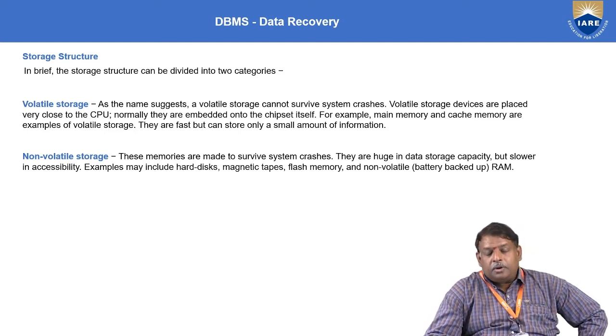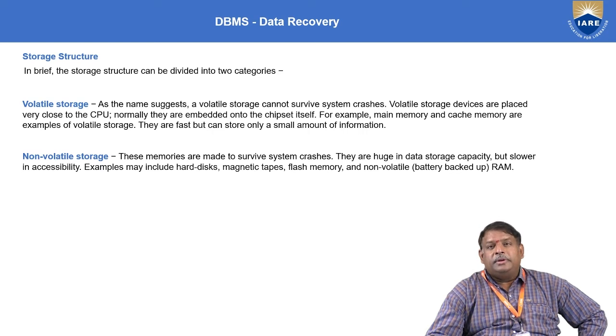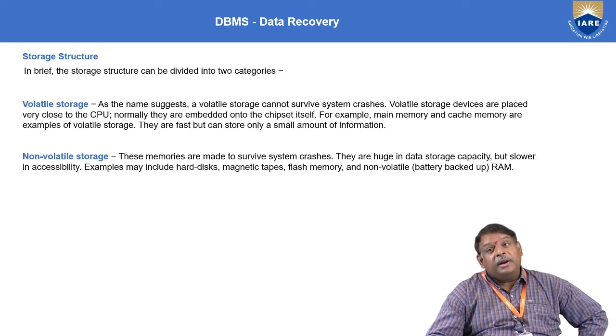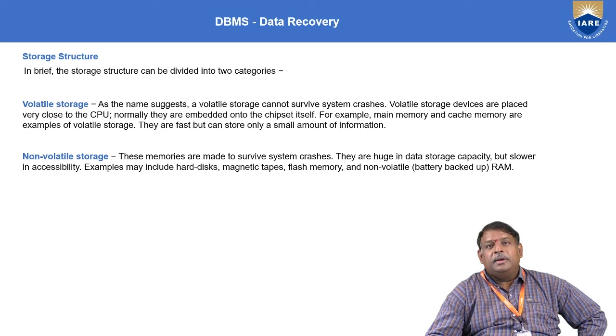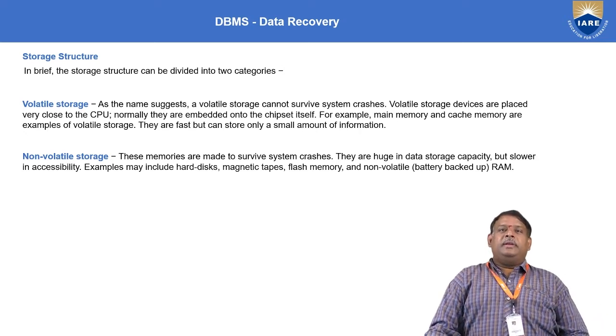Whereas non-volatile storage memories are made to survive system crashes. They are huge in data storage capacity, but slower in accessibility.